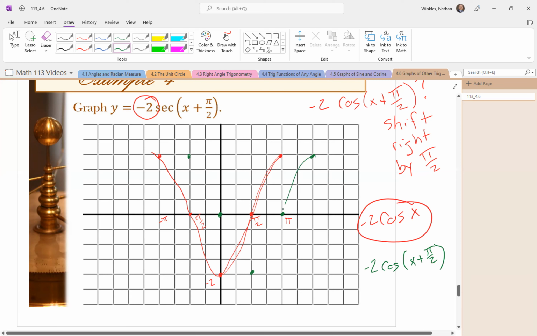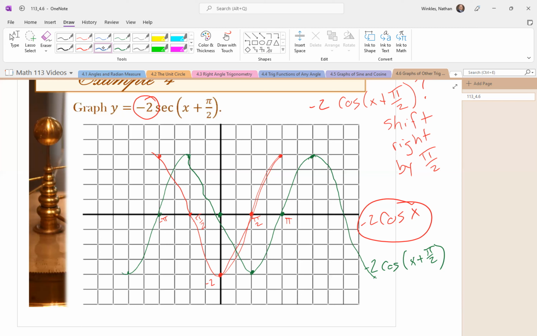So now we're looking at this. All I'm doing is just shifting this so that we can see what's happening here. So that would be my -2 cosine of x plus pi over 2.